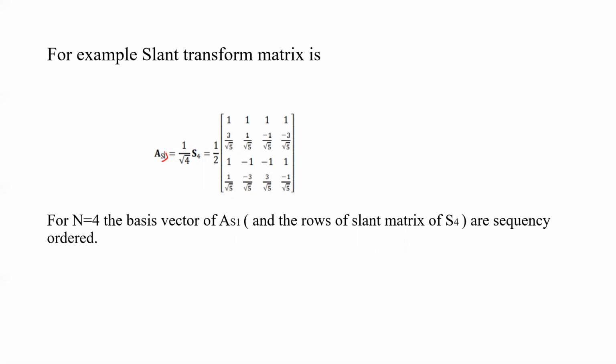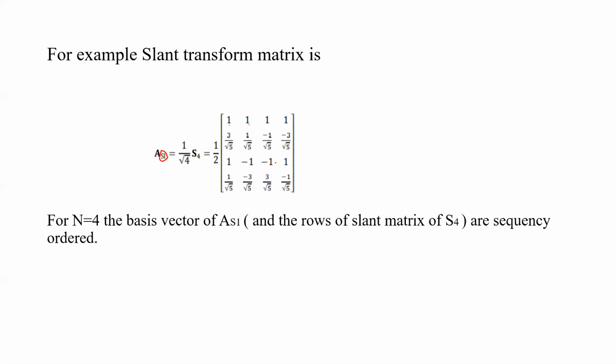For example, the slant transform matrix A slant, which is equal to 1 by under root of 4, with 4 rows and 4 columns, equal to 1 by 2. First row is 1, 1, 1, 1. Second row is 3 by root 5, 1 by root 5, minus 1 by root 5, minus 3 by root 5.